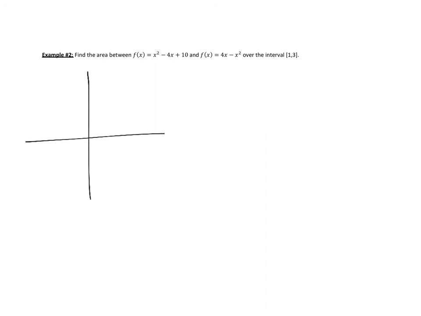Okay, so the first graph that I have looks a little something like this. This is the first one. And the second graph looked a little something like this. So it's important that you know which graph was which. So this was my x squared minus 4x plus 10. And this one was my 4x minus x squared.